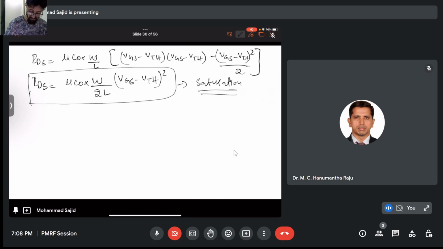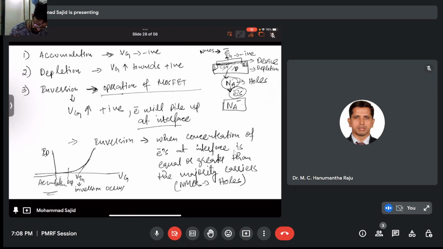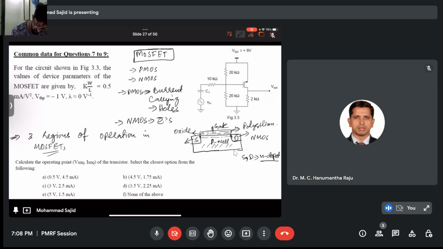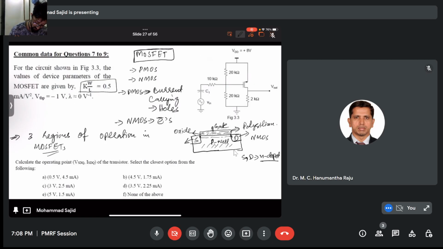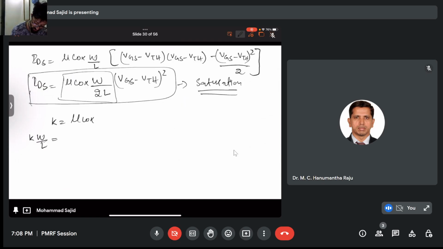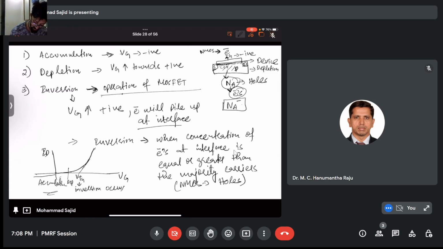Okay, so now going back to the question, what does it say? Your KWL, remember that KWL is written for this term. Your K is given as mu Cox. So your KWL is given to us as 0.5 milliampere per voltage square. Your threshold voltage is given to us as minus 1 volt.